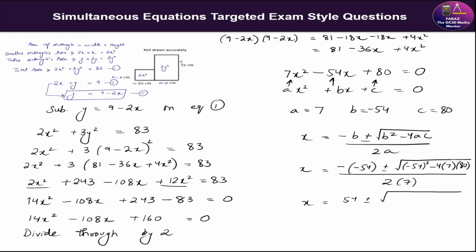It will give you the positive answer. So it is 2916 minus 4 into 7 into 80. That would give me minus 2240 over 2 sevens are 14. X equals to 54 plus minus 2916 minus 2240. That is square root of 676 over 14.